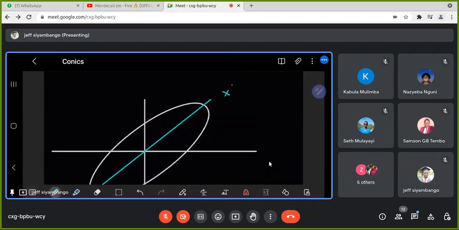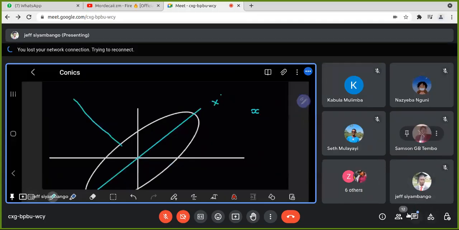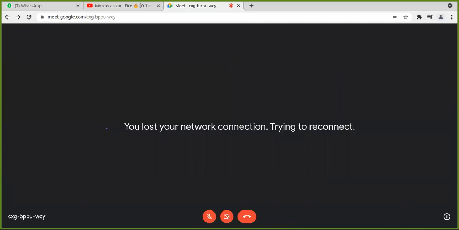I'll use x prime to mean the new axis, and x to mean the old axis. The y-axis now goes somewhere there. Ideally, these are still perpendicular to each other. So I'll say this is y prime, and I'll use y to mean the old y. Okay, now the question is, how are these related?